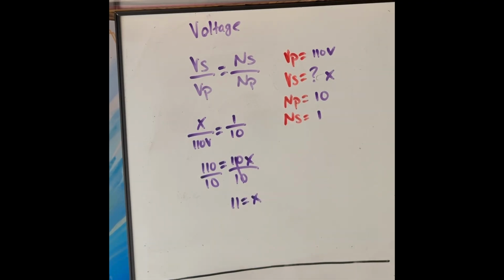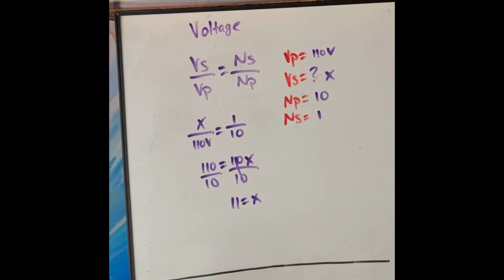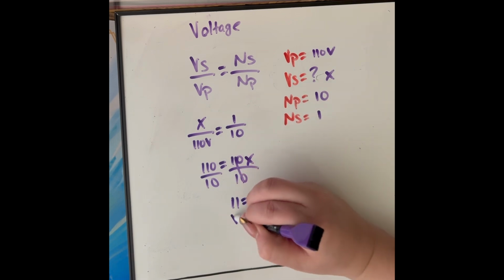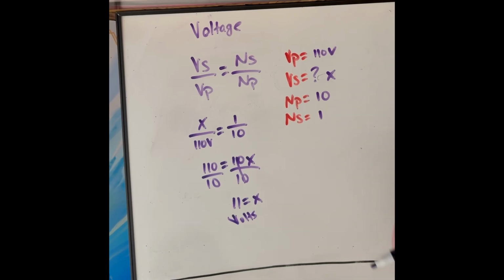What was the only difference between setting this up opposite than the way it is on the PowerPoint? Instead of 11 being on the right side of our problem, it's on the left side. But regardless, we got 11 volts equals x. If we started with 110 and we ended up with 11, it is indeed a step down transformer.